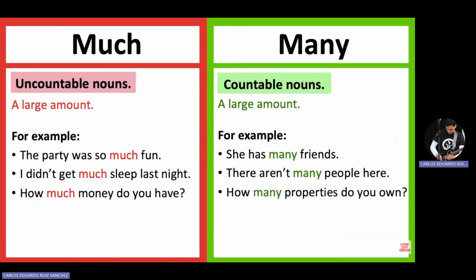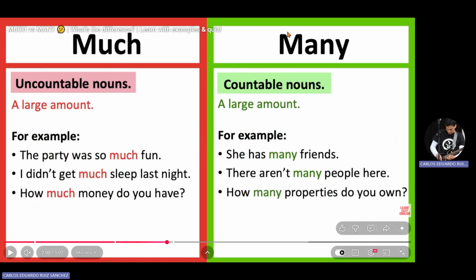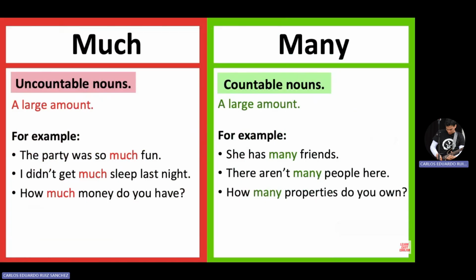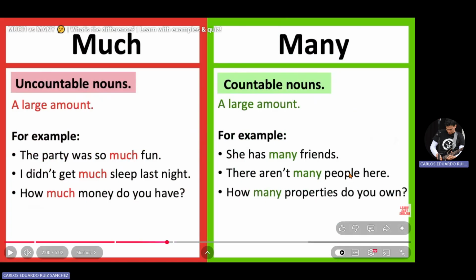We got here in common that many is used for elements that can be countable, that end with an S, friends, properties. What happened with people? People is over there. Person, it's an irregular noun, so its plural is people. Aunque persona es un sustantivo irregular, entonces su plural sería people in English.